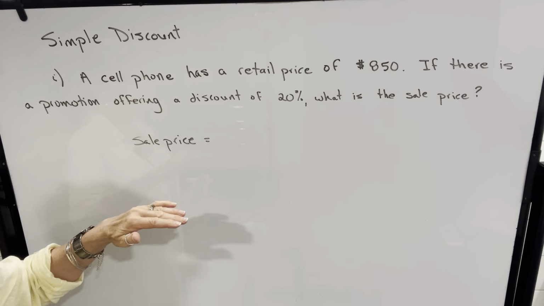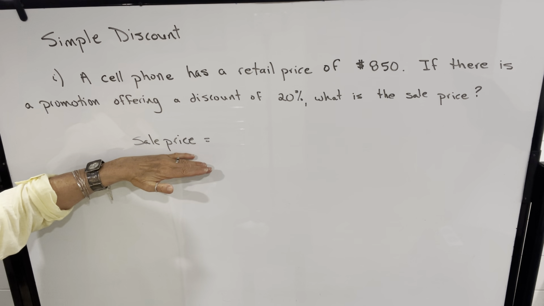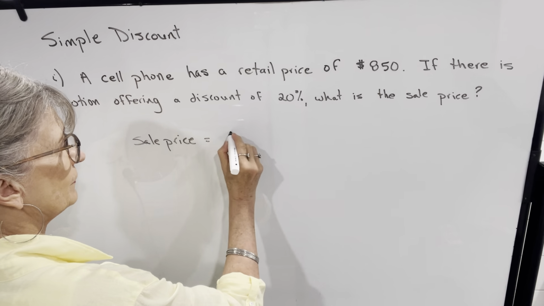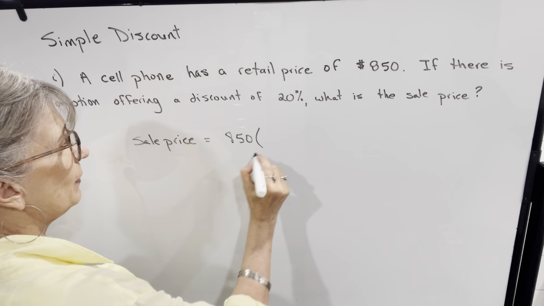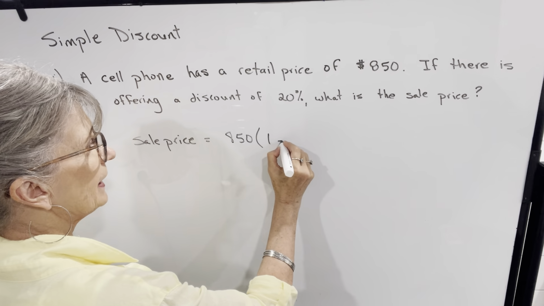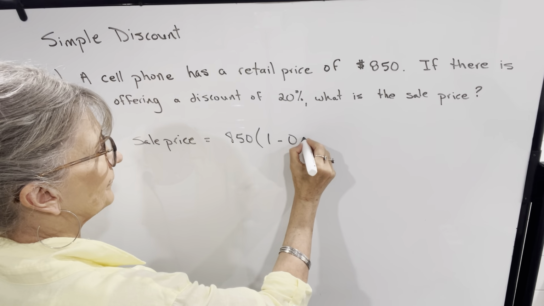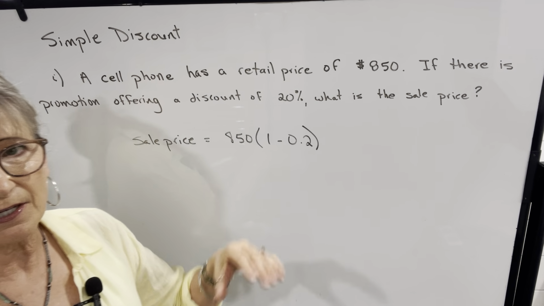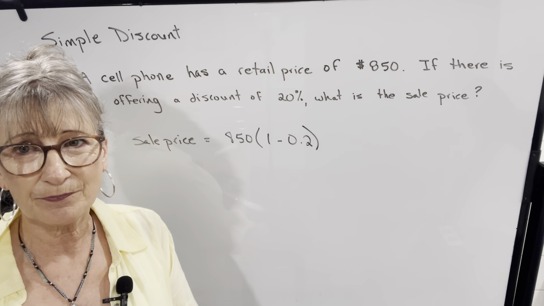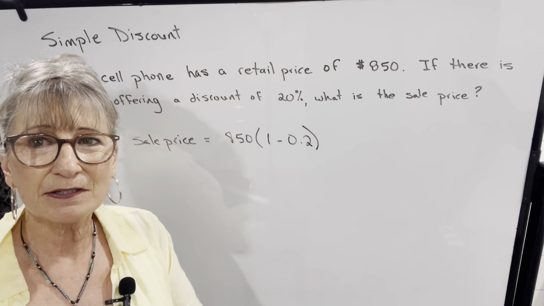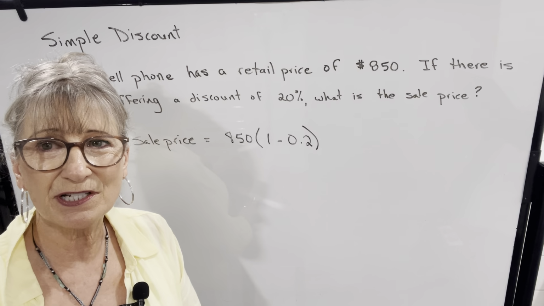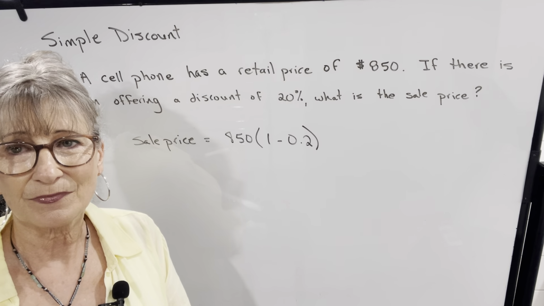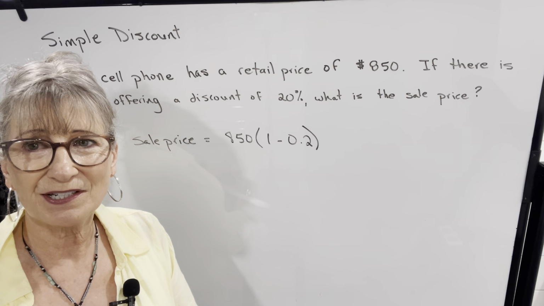Another way that we can approach this question is we can calculate the sale price by taking the original or the retail price of $850 and multiplying that by 1 minus our percent discount. The reason we multiply by this is that if the discount is 20%, that means that the new or the sale price is going to be 80% of our retail price. 100% minus 20% is 80%.